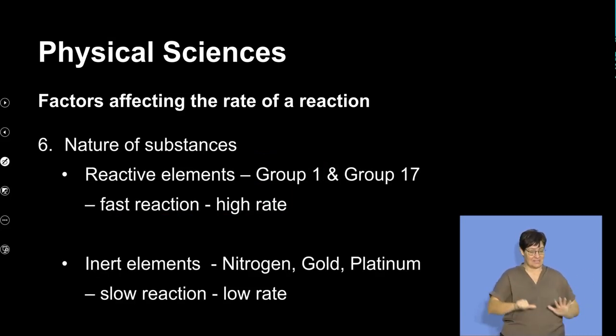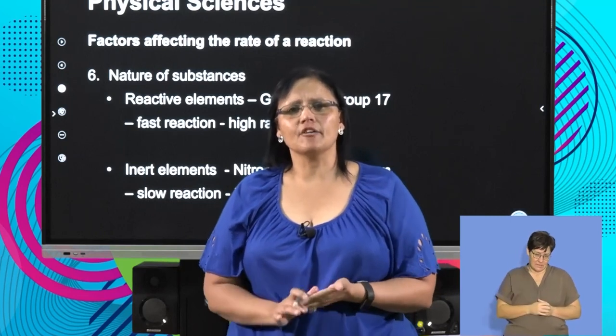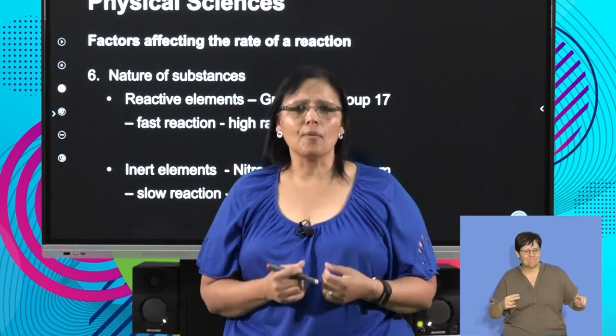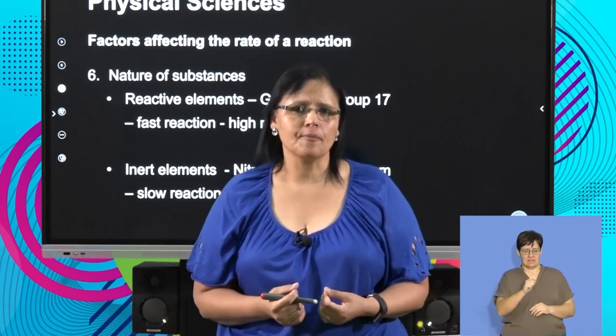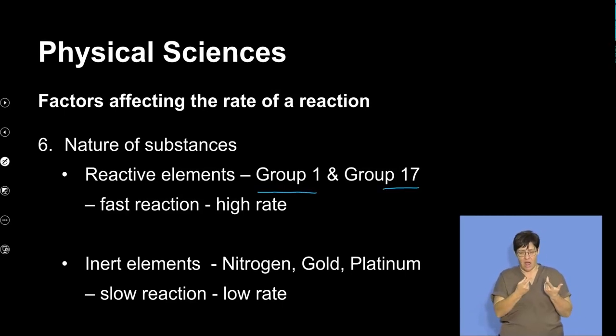Then the very last factor that I want to talk about, and this factor we don't talk about a lot, but it needs to be taken into consideration, is the nature or the type of reactants that we use. Now, our group 1 and our group 17 elements, when they react, they are very reactive.